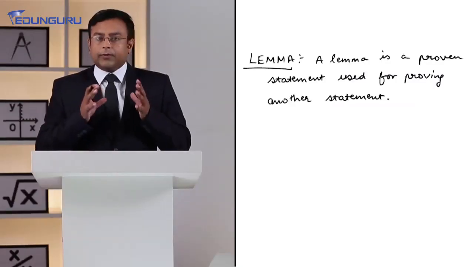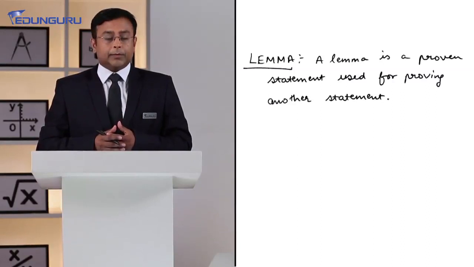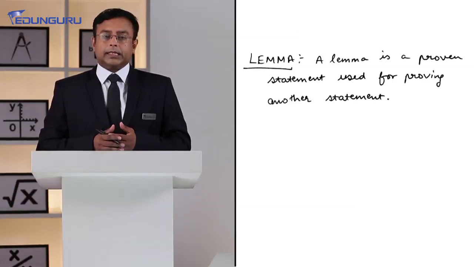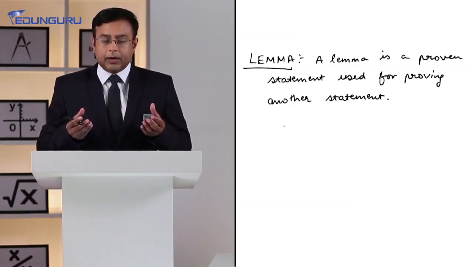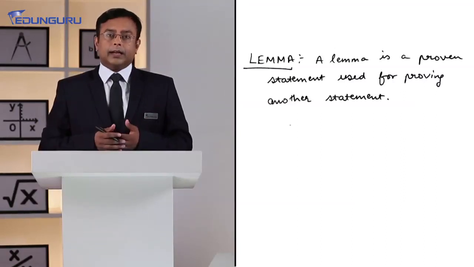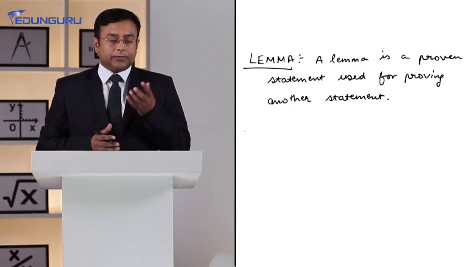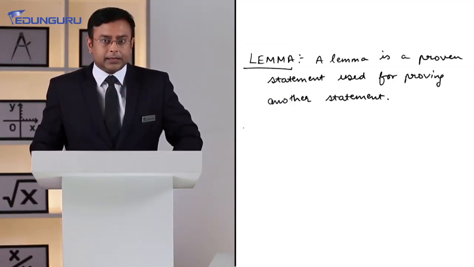If you look at the idea of lemma, it is very fundamental to science and mathematics, because the entire superstructure of mathematics and science has been built on some very fundamental ideas. What has happened in history is that based on those fundamental ideas, we have built the entire structure of science and mathematics.